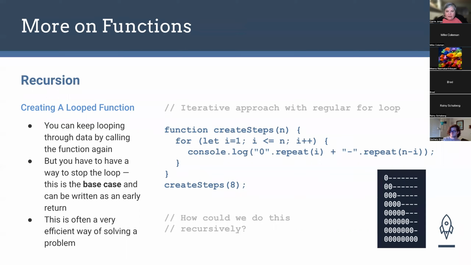So on each one, it changes what the difference is between the two, right? If I call this function createSteps and give it the number 8, you can see it starts out with 1 and 7, then 2 and 6, then 3 and 5, and so on until it gets to the very end, and all 8 of them are the first character. This is a pretty straightforward example, and I want to show you how we can do this recursively.